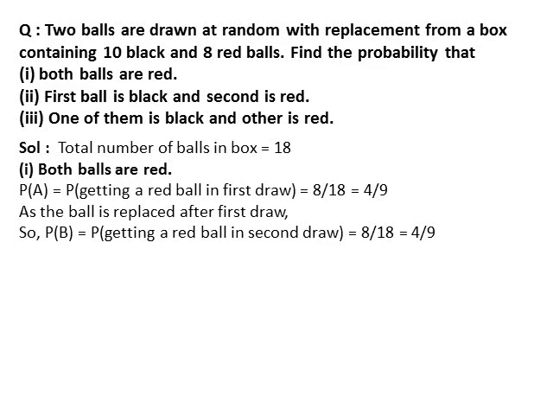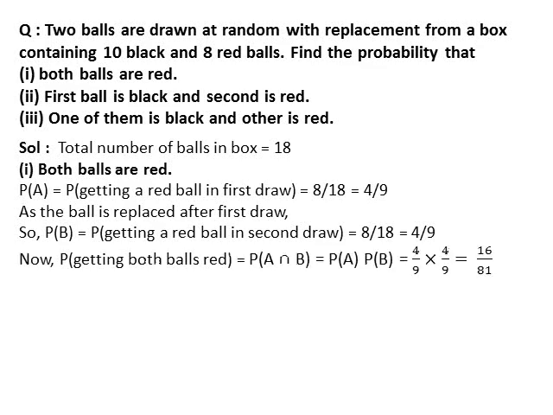So P(B) equals probability of getting a red ball in second draw equals 8/18 equals 4/9. Now probability of getting both red balls equals P(A intersection B) equals P(A) multiplied by P(B) equals 4/9 multiplied by 4/9 equals 16/81.